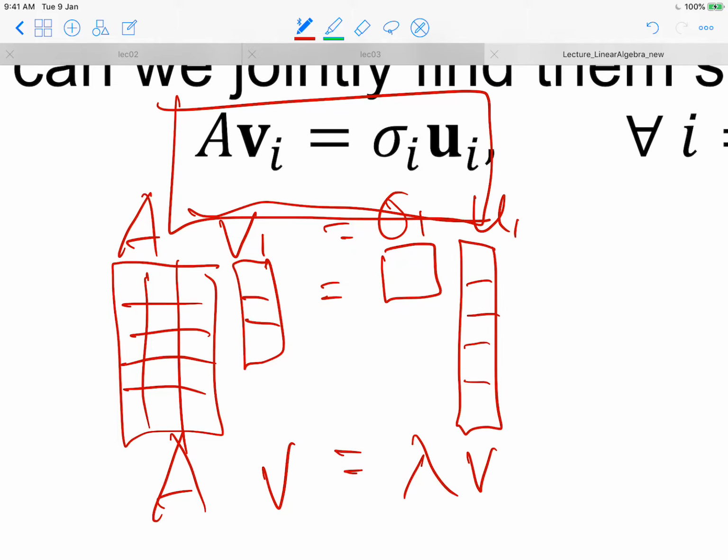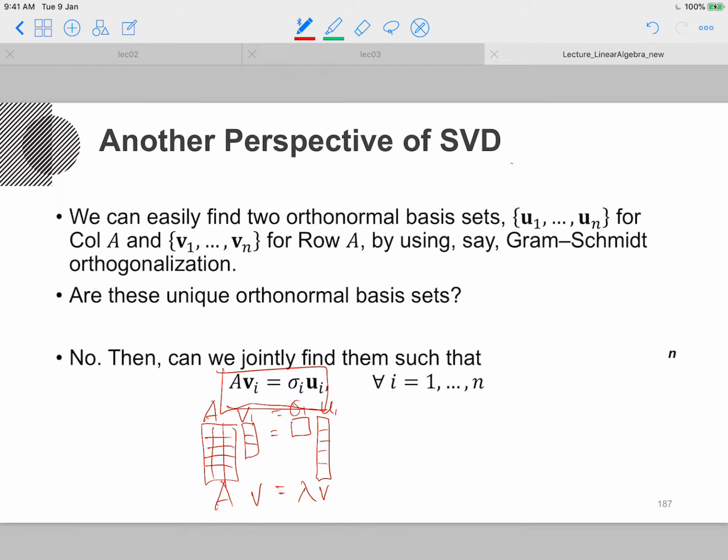This is called the right singular vectors, and this is called the left singular vectors, because we have A equal to U sigma V transpose, and U has five-dimensional vectors, right? So that is called the left singular vector, and the columns of V there are called the right singular vectors. Also, sigma is called the singular value.